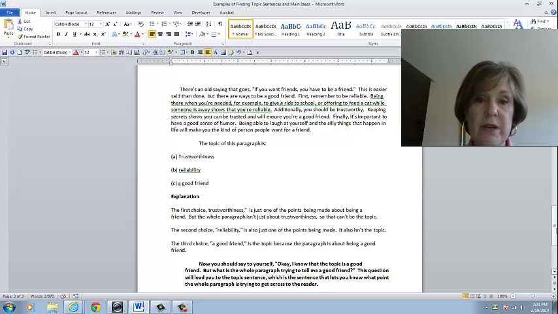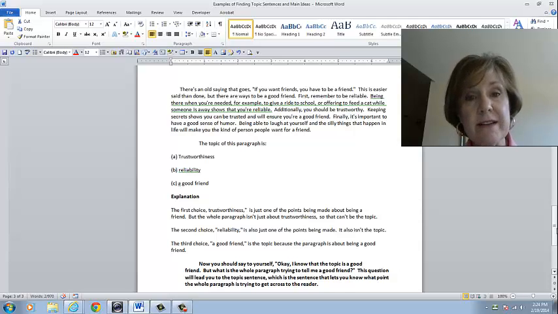The second choice, reliability, is also just one of the points being made in the paragraph, so it can't be the topic because the whole paragraph is not about reliability. A good friend. That's the topic because the paragraph is about being a good friend.